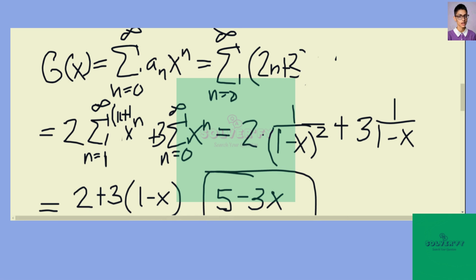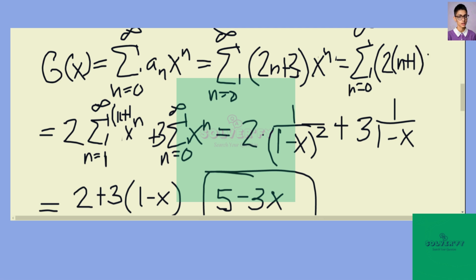So we have this sum 2n plus 3 x to the n. This is equal to the sum from n equals 0 to infinity of 2 times n plus 1 plus 1 x to the n.